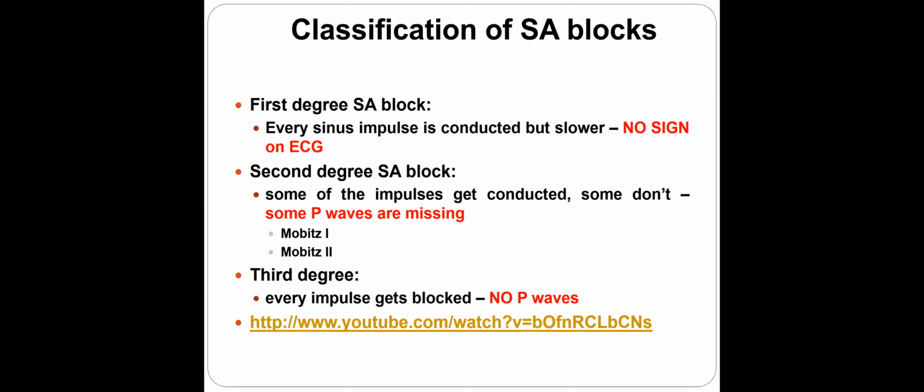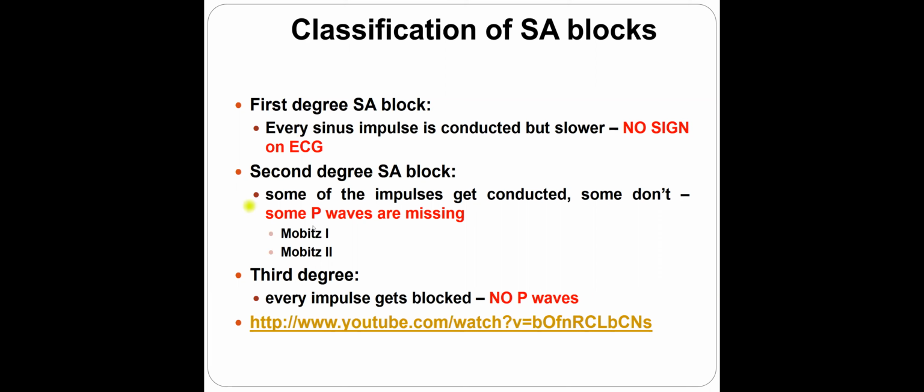But because we don't have any sign of the sinus activation, there is no sign of this block. Because we do see only the P wave, we have no idea how fast this impulse is getting to the atrium. So that will be rhythmic, and we do see nice P waves.